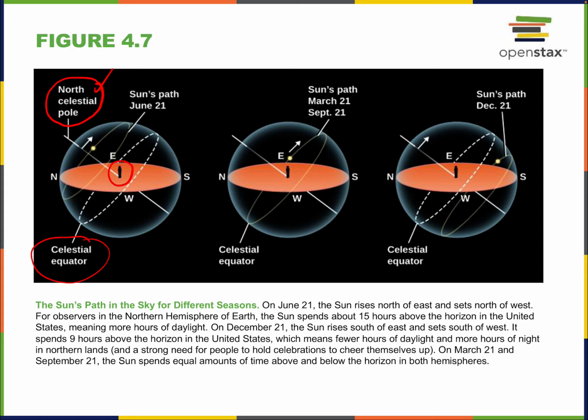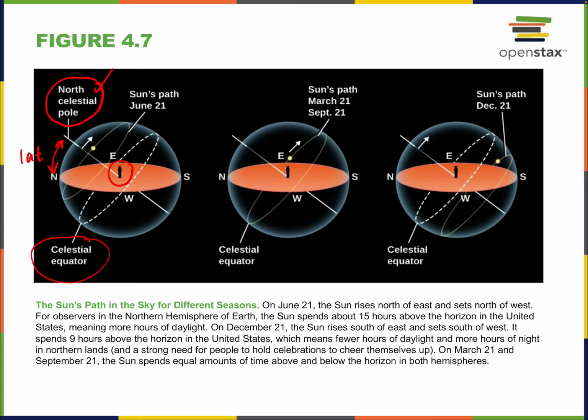But if they're at some other location, such as somewhere in North America, then there's going to be a difference between where the North Celestial Pole appears and the North Star that happens to be located there, and the actual coordinate of north, and that difference is actually the latitude of the person, okay, in degrees. Now, that's a great way to find your location if you can locate the North Star.